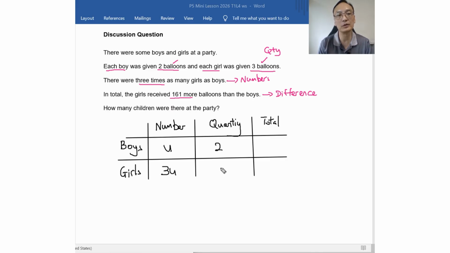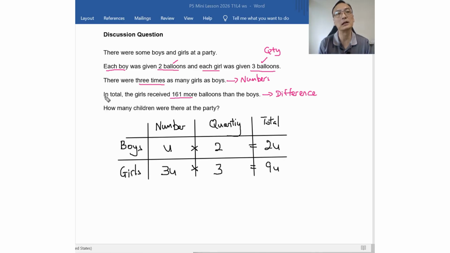And each girl gets 3 balloons, so we put 3 over here. To find the total value, we need to do multiplication. So 1 unit times 2 will give you 2 units. 3 units times 3 will give you 9 units. So now the table is complete. We have a full set of information.